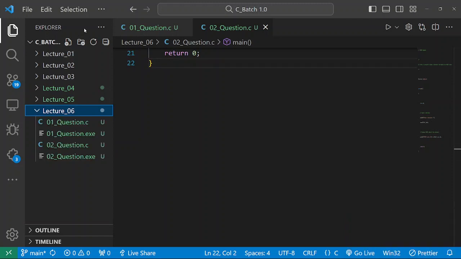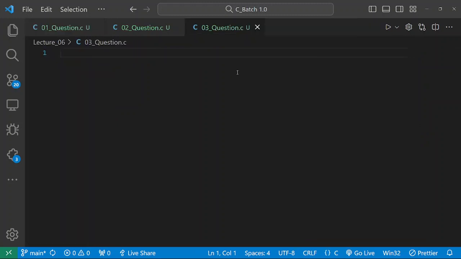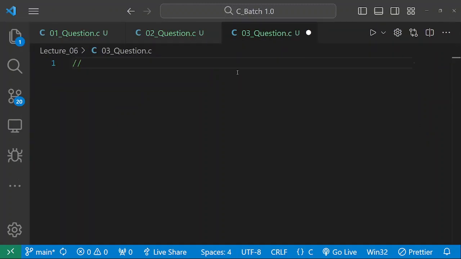In lecture 6, question 3, following the same format I have written. Again this is a good question. A lot of times this question is asked. There are a lot of different ways to solve it.